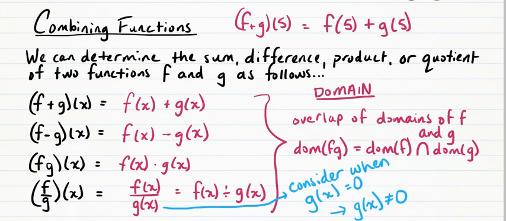And those of you also taking data management would be very familiar with the symbol for intersection. The symbol for intersection just simply means that any element that is both in the domain of f and in the domain of g would combine to make the domain of f times g.